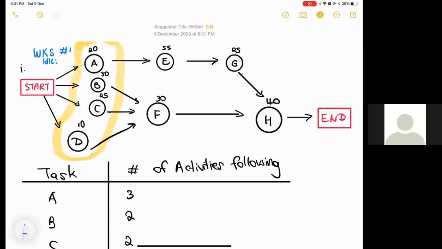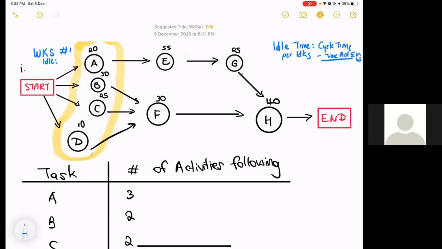Yeah. So the idle time for each workstation is equal to the cycle time, just like each token on the corner here, divided by the time that the activities sum in the workstation.